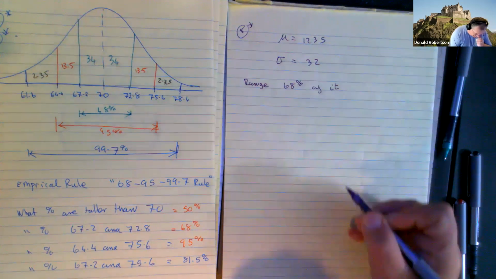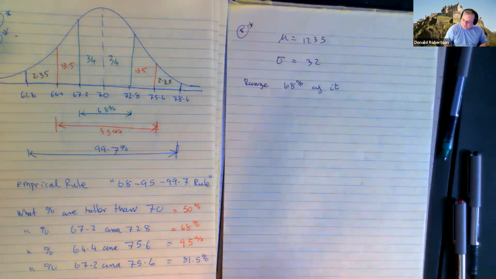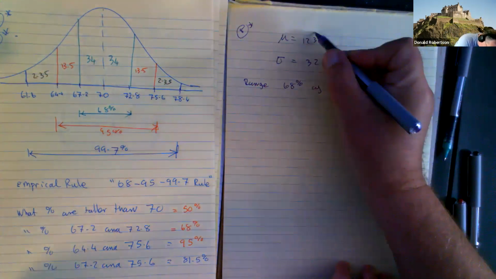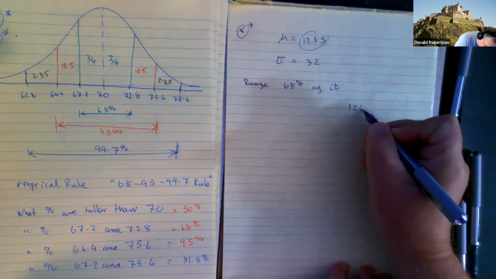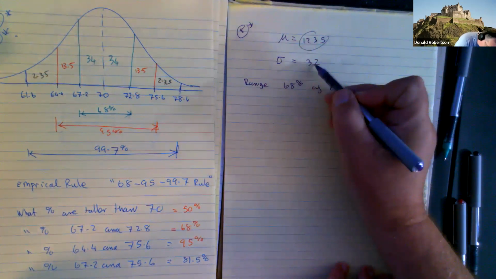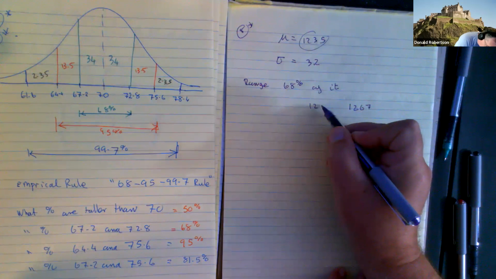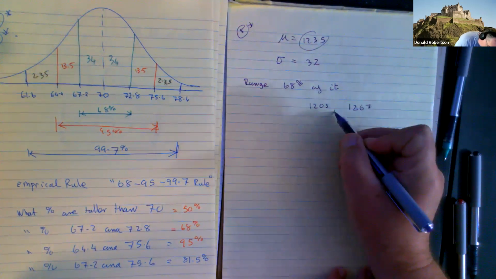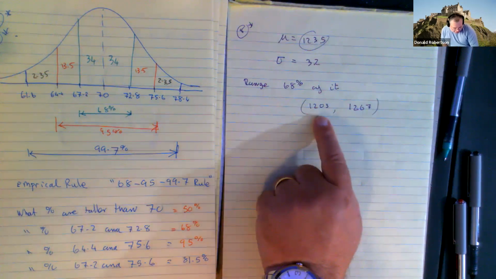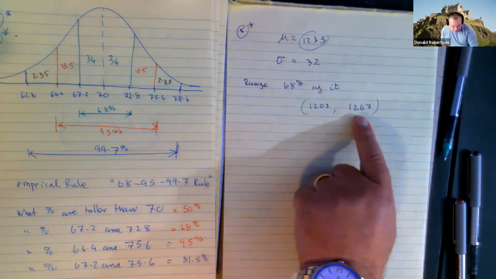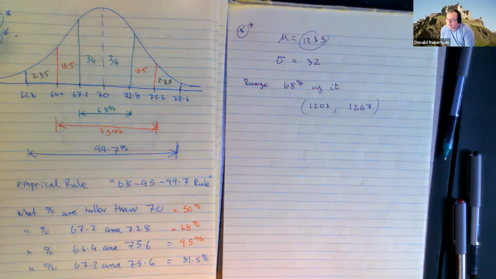Well, isn't 68% 1 standard deviation away from the mean? So if you take this guy and you add 32, you'll get 1267. And if you take this guy and subtract 32, you get 1203. So the range that they're talking about is that 68% of the data will be between 1200 and 1267 years old. Right. Which is a pretty good estimate, right?